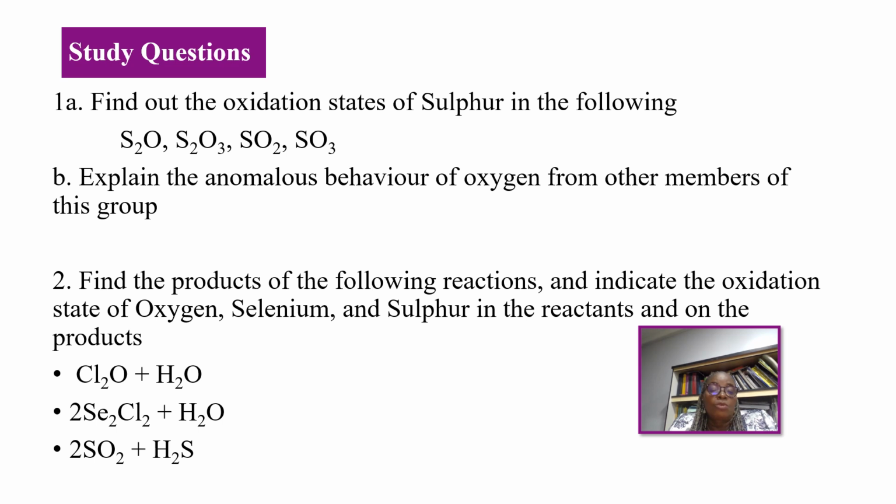Cl2O plus H2O, find the product. 2Se2Cl2 plus H2O, find the product. 2SO2 plus H2S, find the products. And also remember to find the oxidation states of oxygen, selenium, and sulfur.